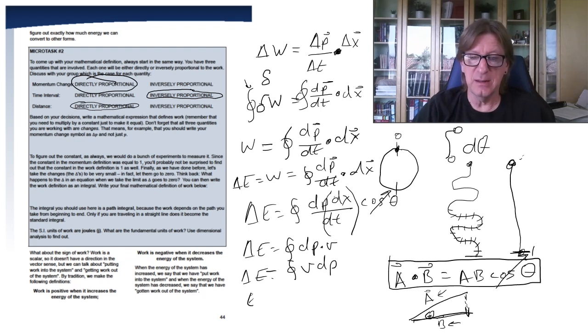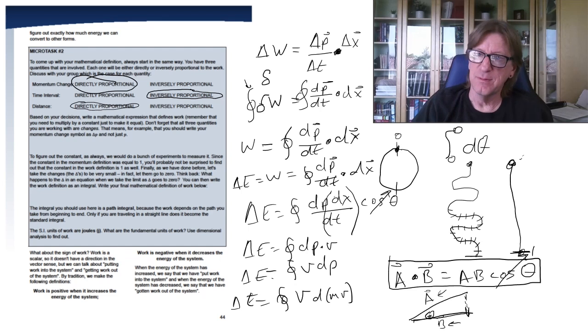I'm going to say delta E is equal to the path integral of v, and then let's put that in the parenthesis, of d mv. And again, this is not a vector, right? Because we're just taking the magnitude of the momentum there. All right.